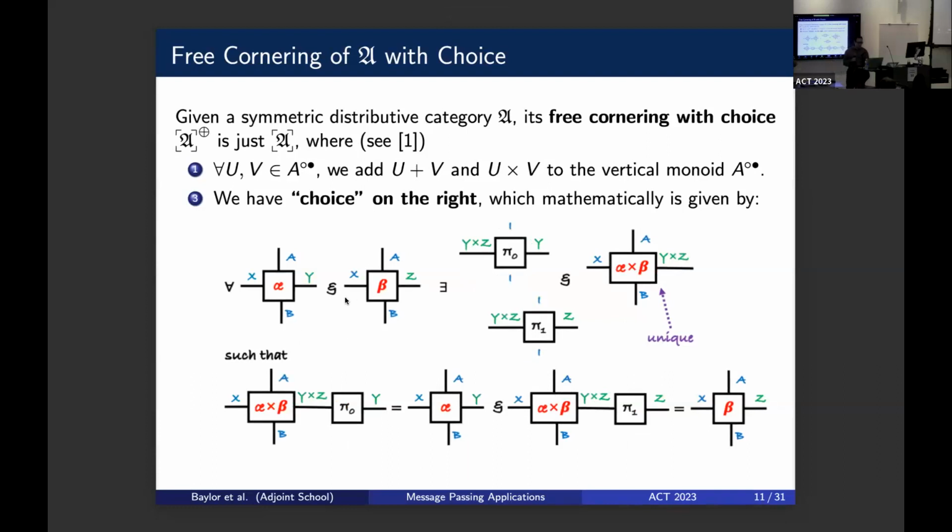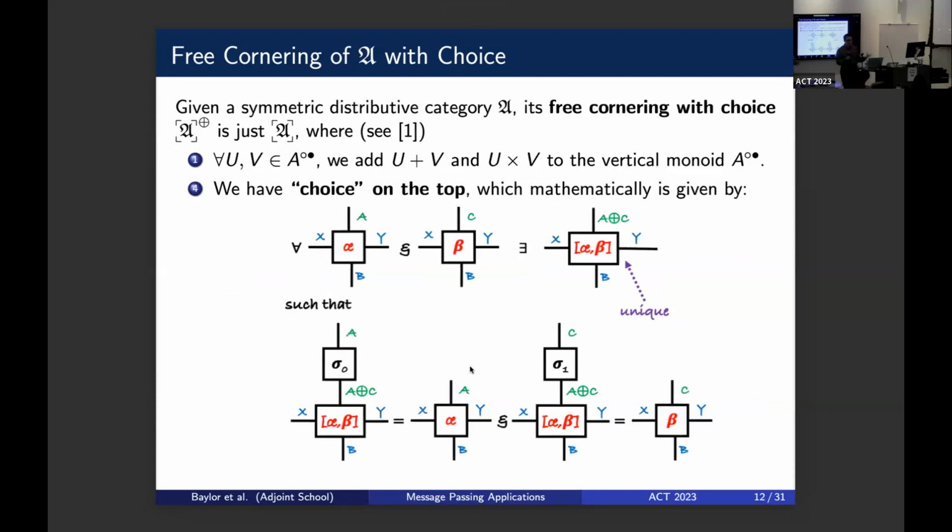This represents choice on the right. So we have two cells that differ only by the right. And instead of upside down pies, we have pies that act more like projection maps and go on the other side. And similarly, we have choice on the top, where we use these injection maps, denoted by sigma, to recover alpha or beta.